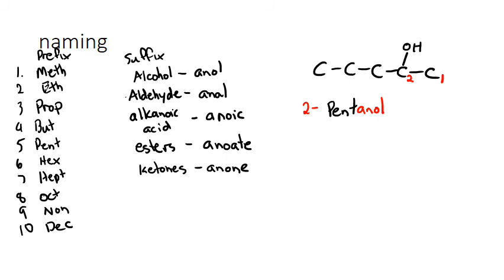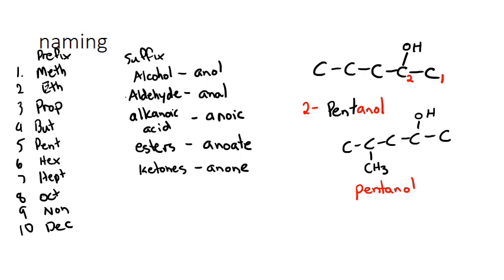Now if I had the same thing, but let's say I had a methyl group here. Okay, same thing. We number from the alcohol group first, the functional group. So the longest chain is still 5. So 1, 2, 3, 4, 5, or 1, 2, 3, 4, 5. So there's always going to be 5 carbons in this one.